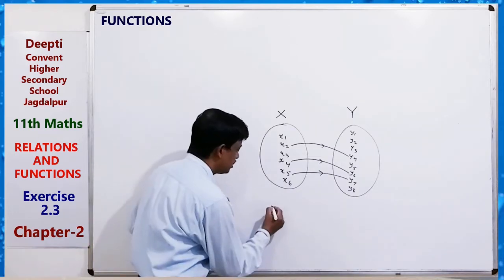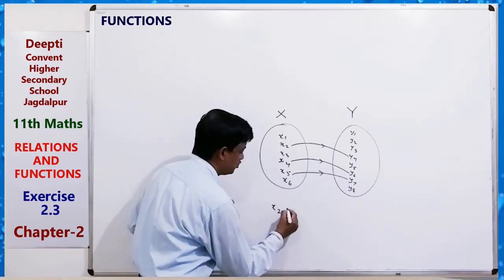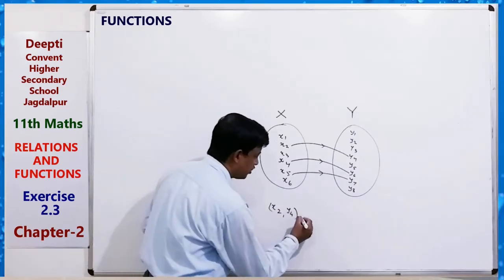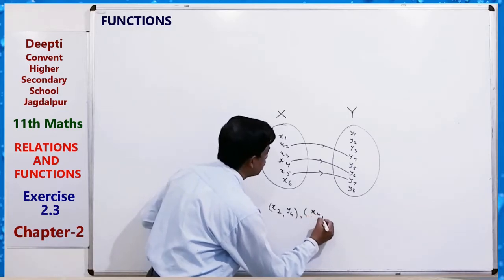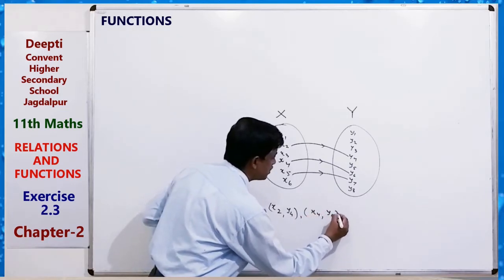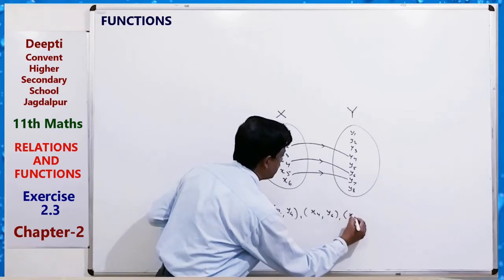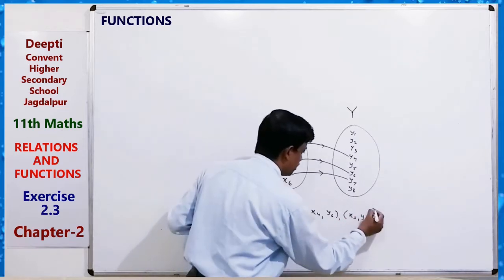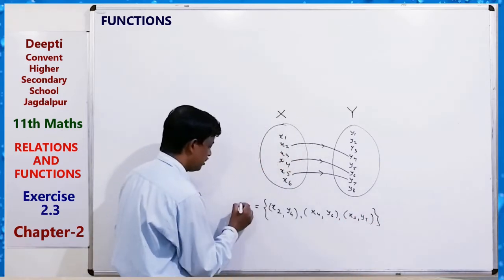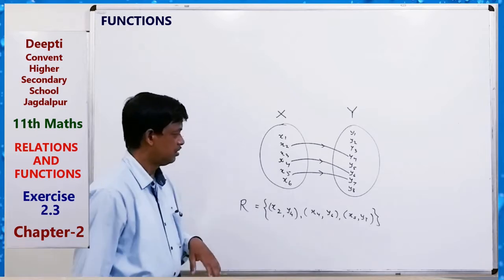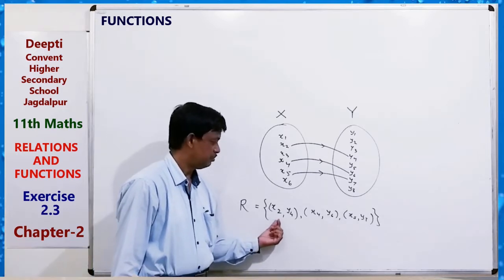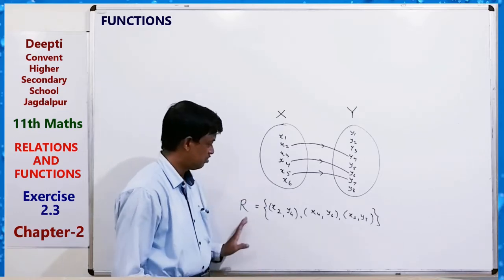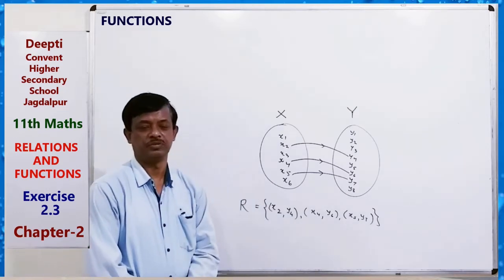That is, the relation will contain (x2, y4), (x4, y6) and (x5, y7). These 3 ordered pairs may be a relation R from X to Y, containing only these 3 ordered pairs.